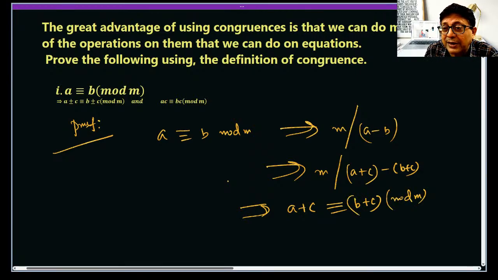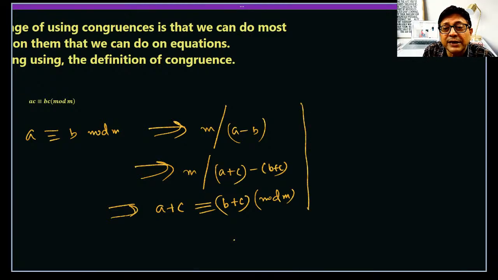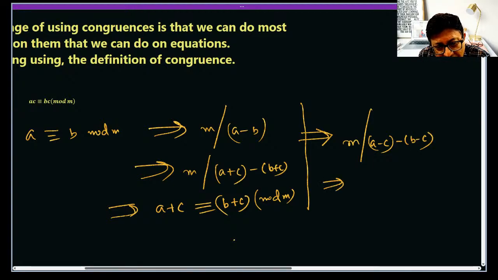I'll show you a numerical example also. By the same method, this implies that M divides (A minus C) minus (B minus C). Can't you say that A minus C is congruent with B minus C mod M?